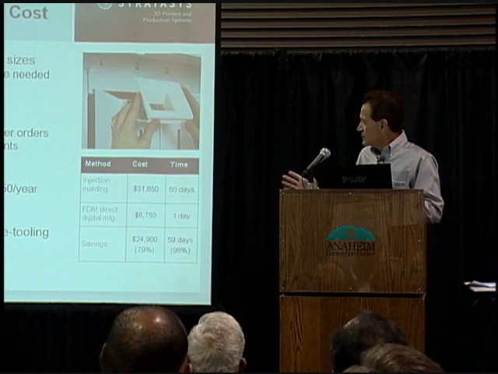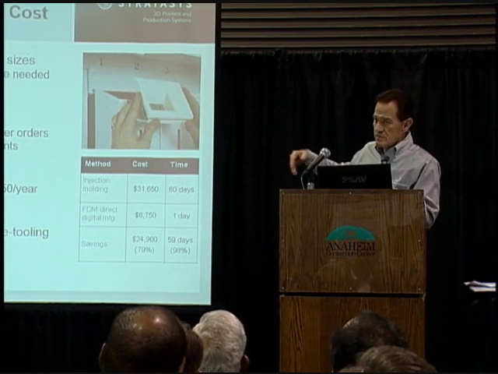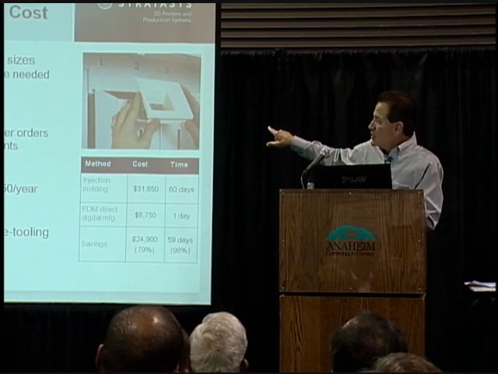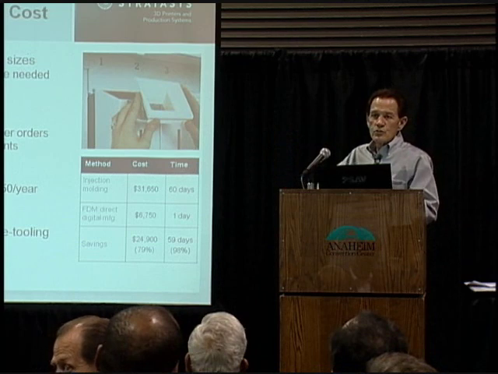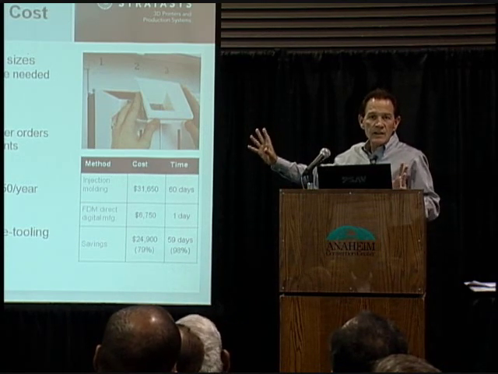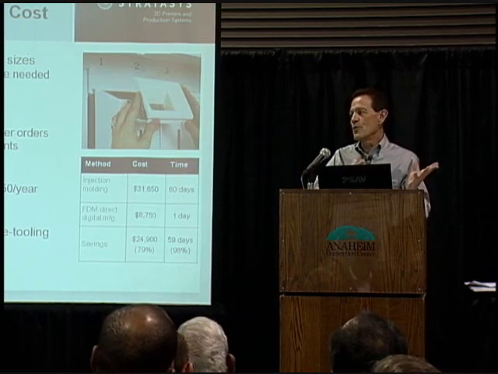And the other thing that's interesting about this, and not to overstay my welcome, is that a lot of people now do not inventory this tooling or these special bezels because they have the CAD file. When they're done, they can throw the part away.